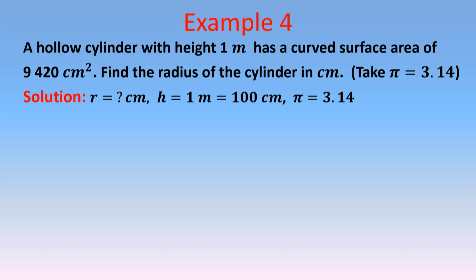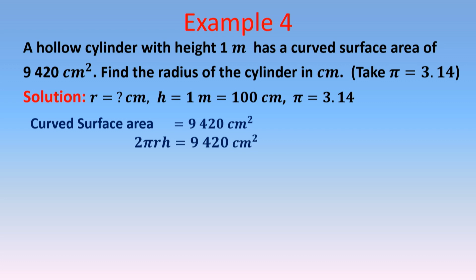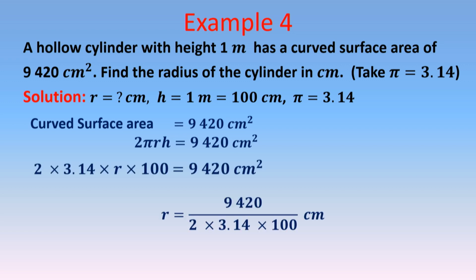We need to find the radius. Pi we will take as 3.14. The curved surface area is given as 9,420 centimeters square. This means 2πrh equal to 9,420 centimeters square. Replacing the value of h by 100, pi by 3.14, we will get r equal to 9,420 divided by 2 times 3.14 times 100, and r is equal to 15 centimeters.